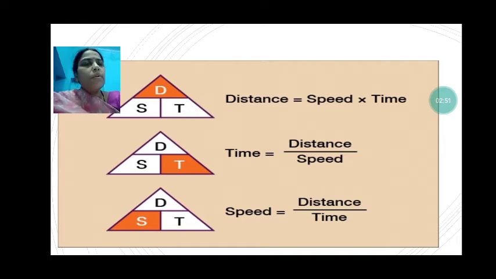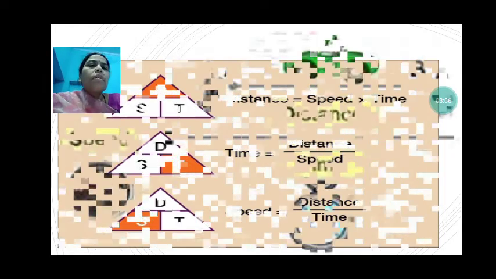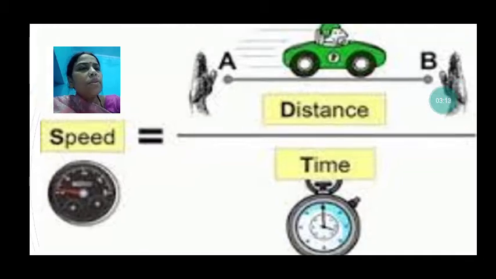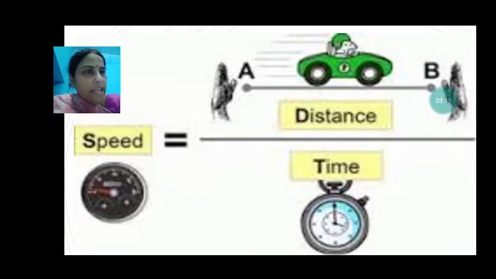If we know distance and speed but don't know time, then time is equal to distance by speed. Then speed is equal to distance by time. So we know distance and time, and we can calculate speed. Speed is equal to distance covered by the time taken.